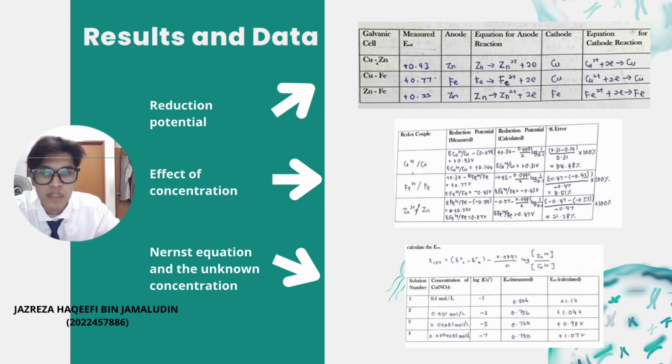And we can tell that when the E cell is increased in a galvanic cell, it tells us that the cell is operating more efficiently and can deliver a stronger electric current, which can be advantageous in various applications.